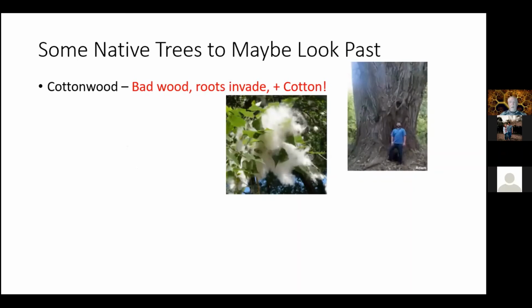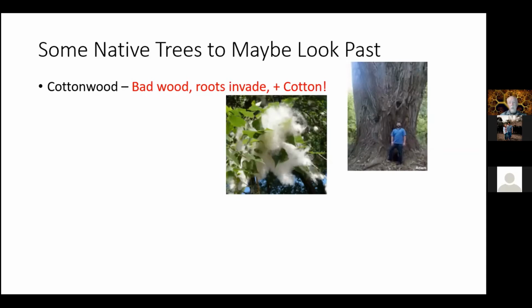Cottonwood trees. They grow really fast. They get enormous, like the one that this man is standing in front of. They have weak wood and branching structures that mean that they could drop an immense limb on your house or car. They also are a type of poplar, and poplars in general, their roots like to invade sewer pipes and foundations, and that can be a pain.